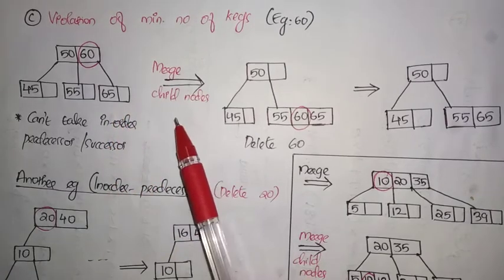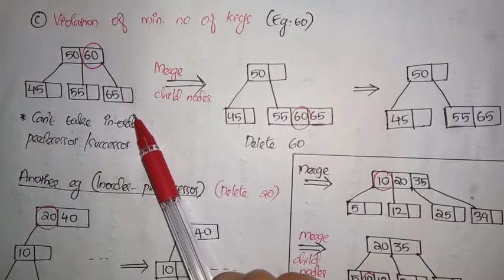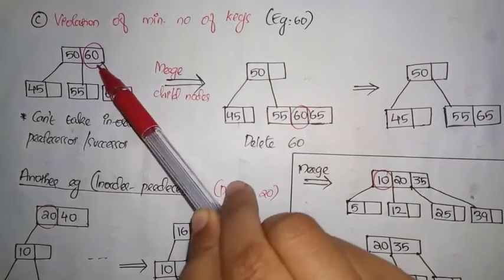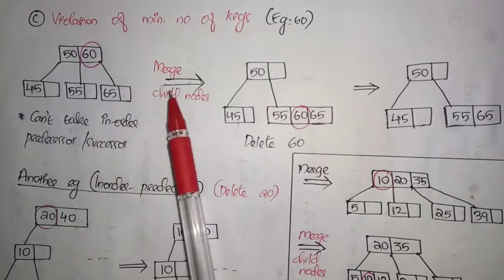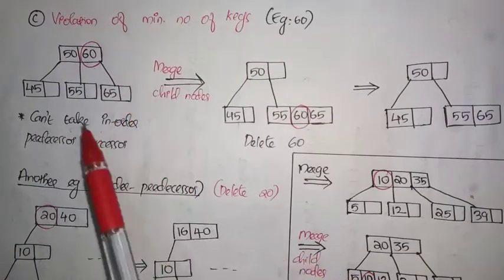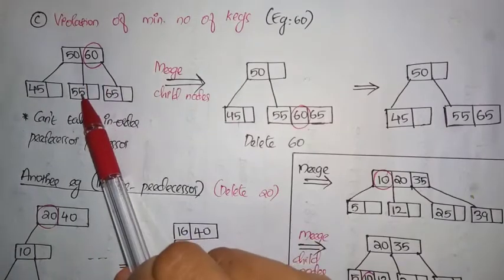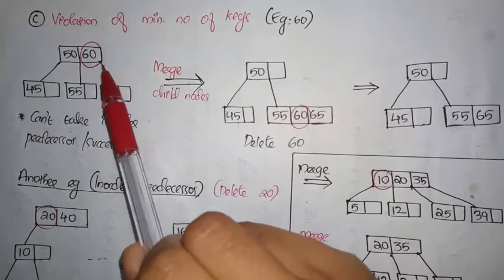So in such a scenario, what we will do is actually merge this key with its child nodes. As I said already, merging can only be done through the parent node, because 55 is lesser than 60 and 65 is greater than 60.